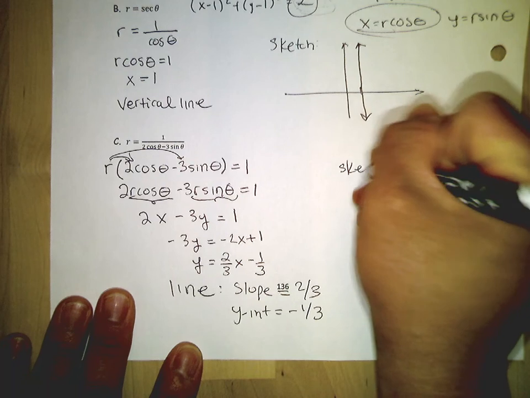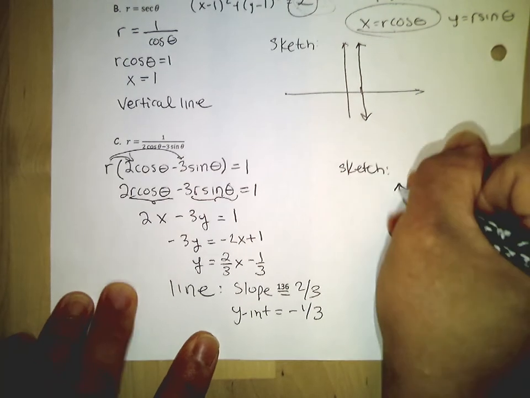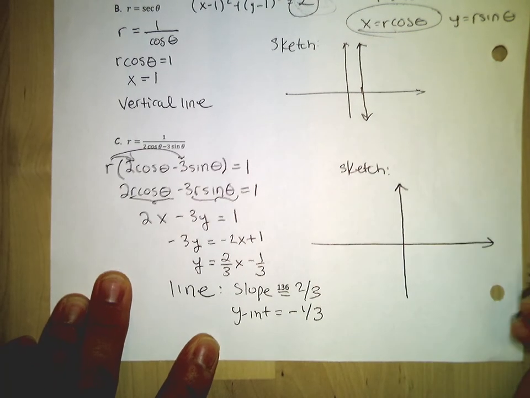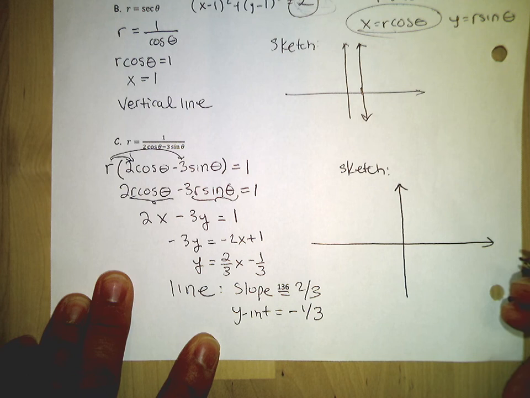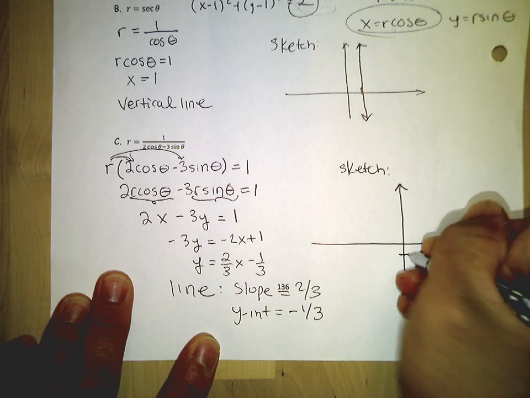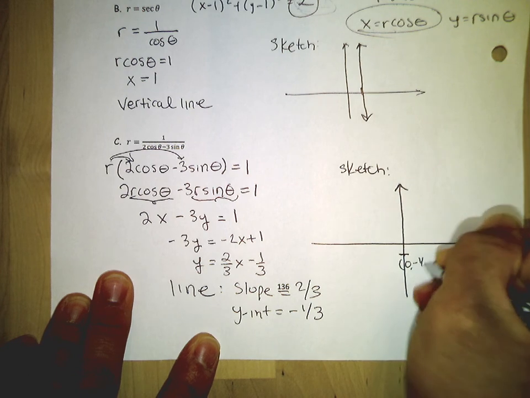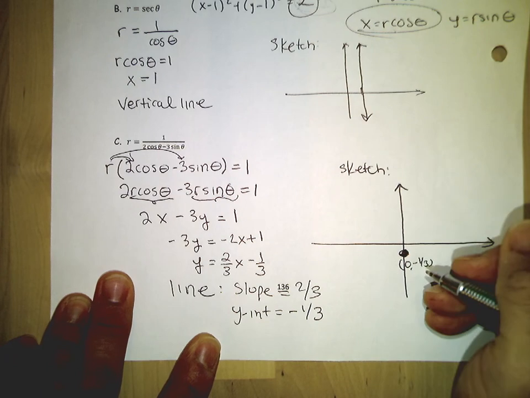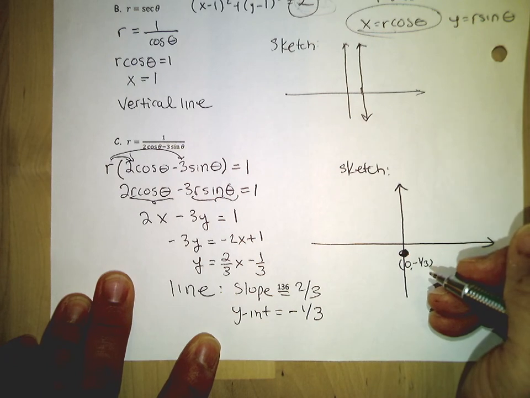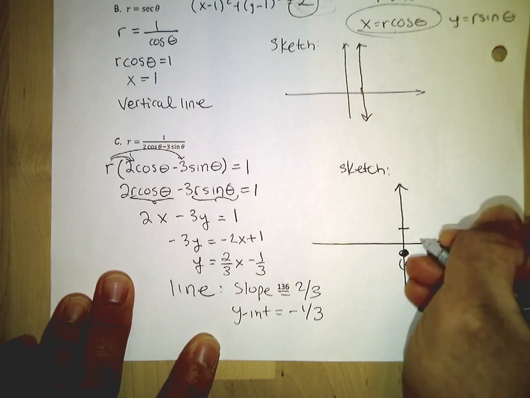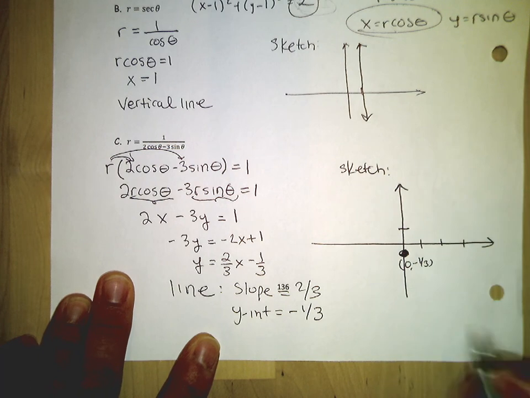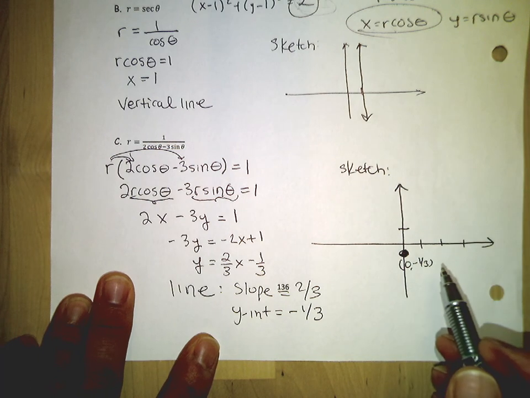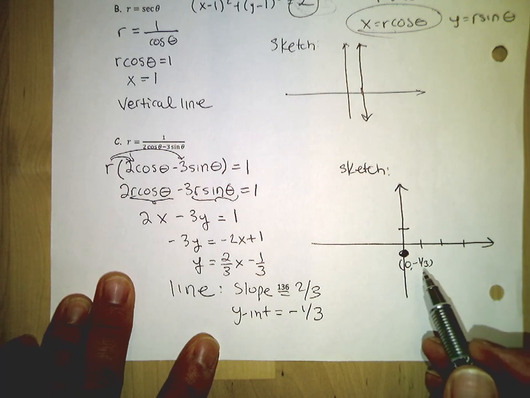So let's sketch this today. All right, don't delay, sketch this today. And the y-intercept is at 0, -1/3, and then if I label these by 1/3, I can do this fairly easily.